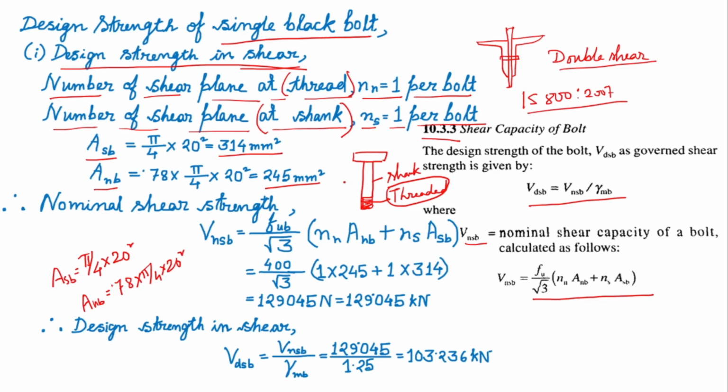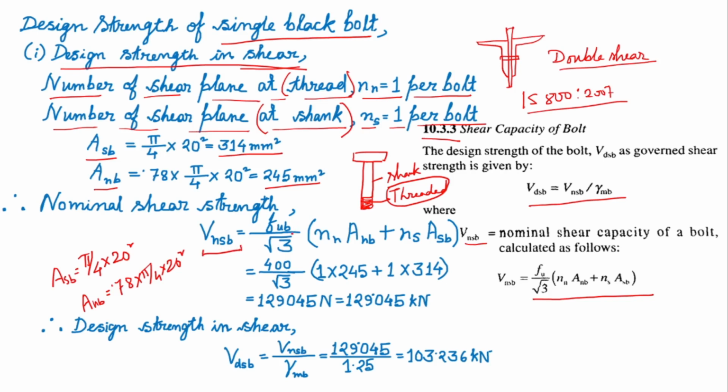After calculating these values, we will put the equation for VNSB, means the equation for nominal design strength of bolt.